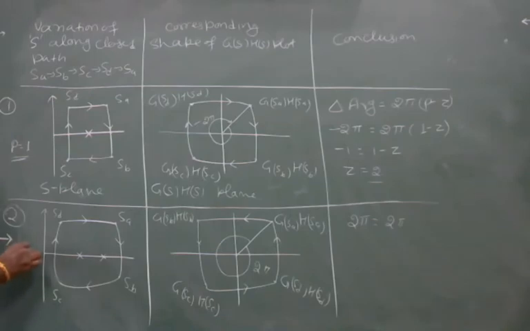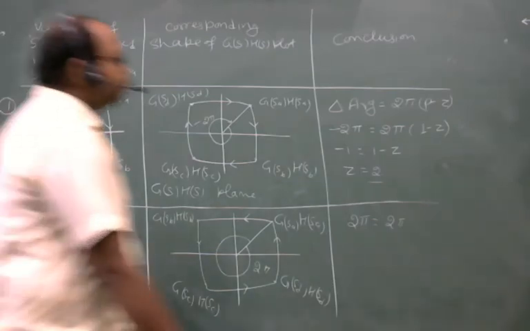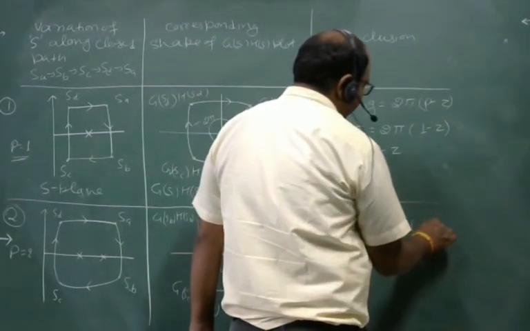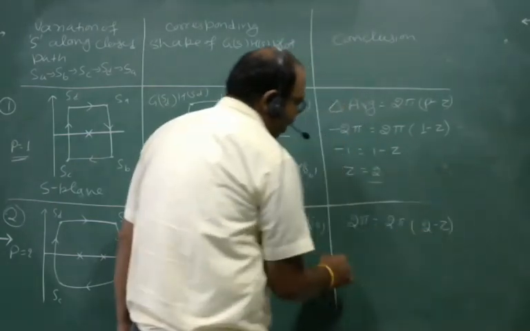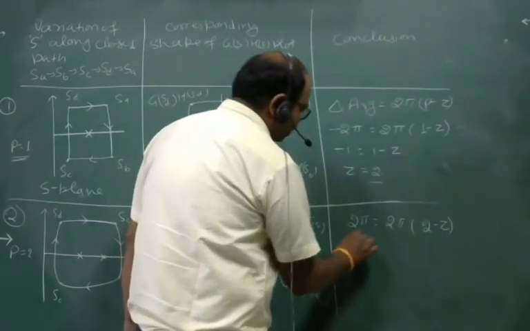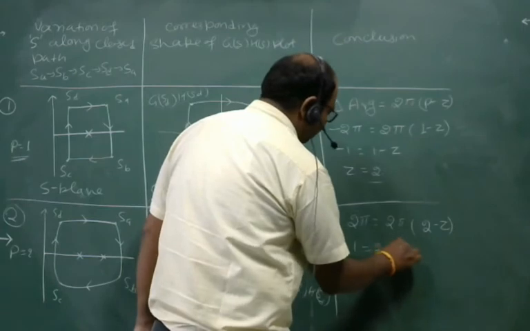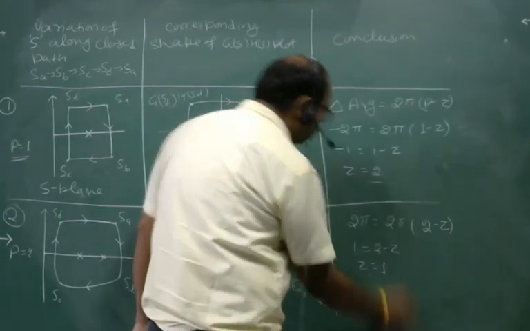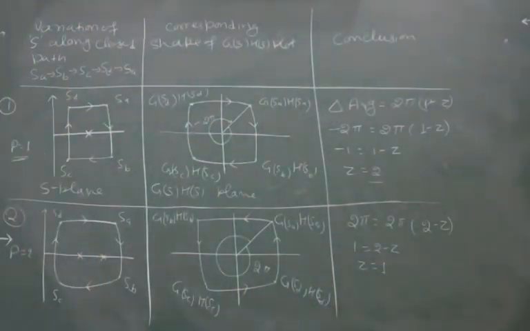P here is equal to 2, so 2 pi multiplied by (2 minus Z), and from here we see that 1 is equal to 2 minus Z and Z is equal to 1. Therefore there is one zero inside this closed path.